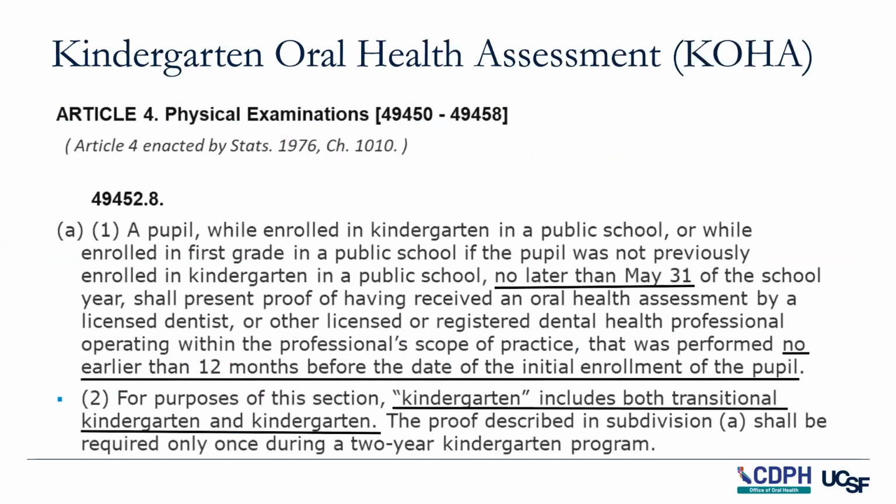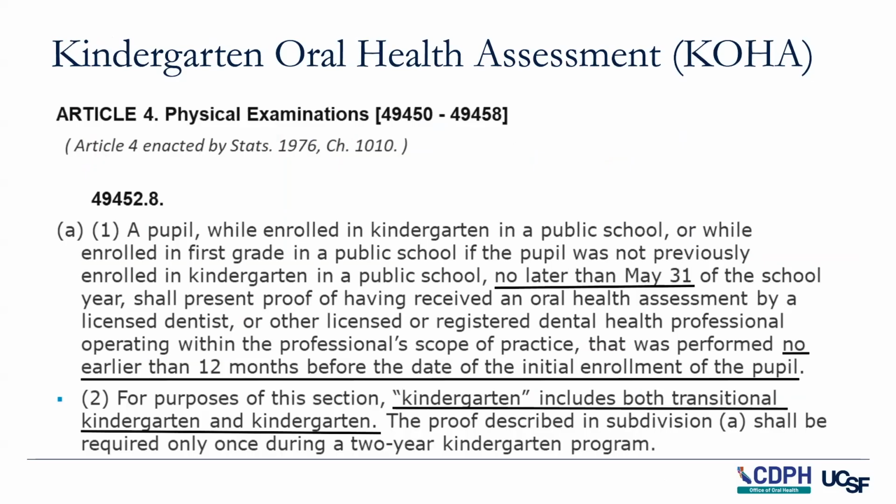So this slide shows the exact language from EdCode. In simple terms, child entering public school must present proof of oral health assessment by May 31st of that school year. This assessment must have been performed within 12 months prior to the student's initial enrollment date.